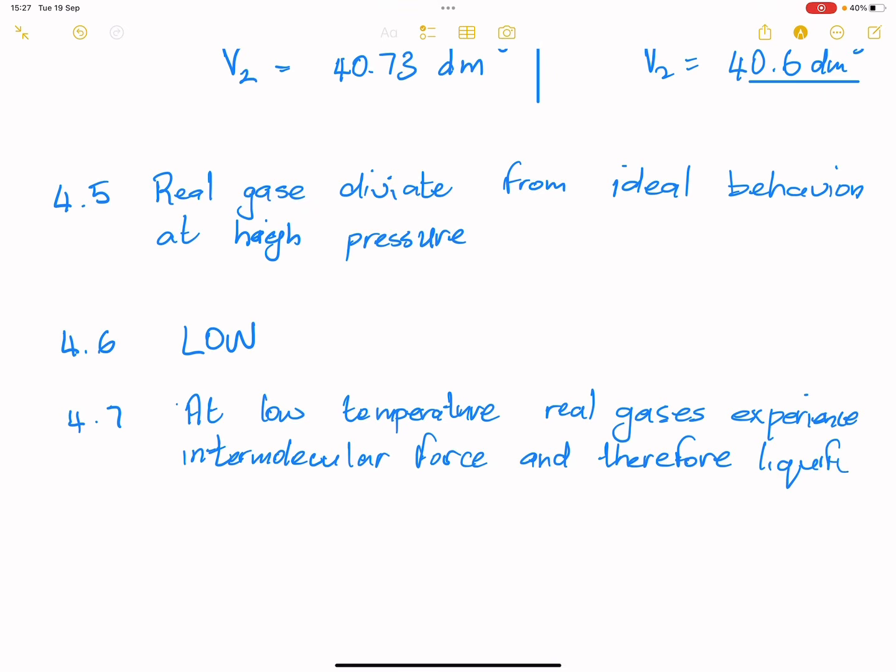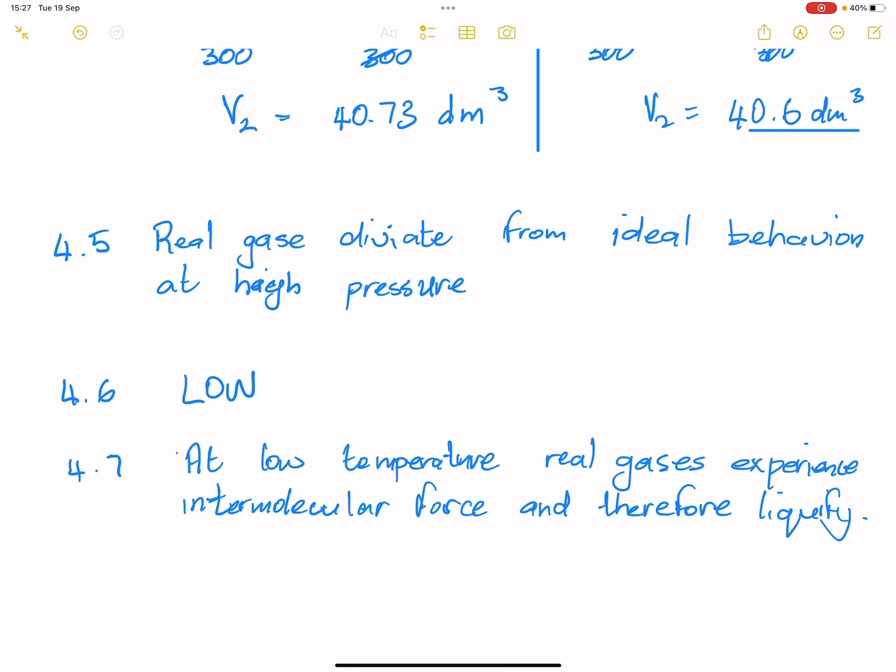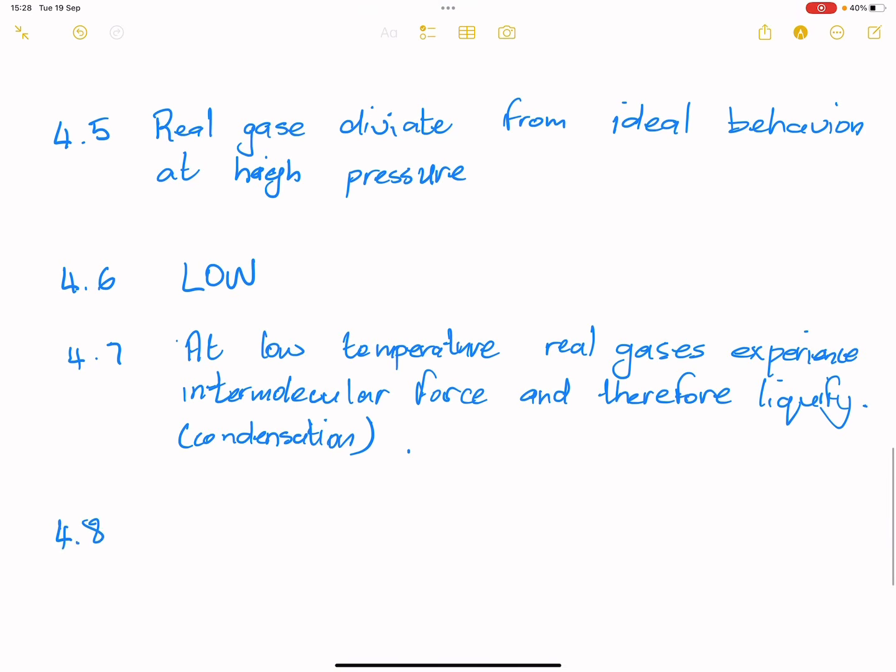And by the way, ladies and gents, we can express this in any way, as long as you touch on the main points. You could say that at low temperatures the intermolecular forces begin to take effect on a real gas, and as a result it tends to liquefy, or you can say it condenses, or the molecules condense. So we can talk about the condensation of molecules. In any of those ways you can express it.